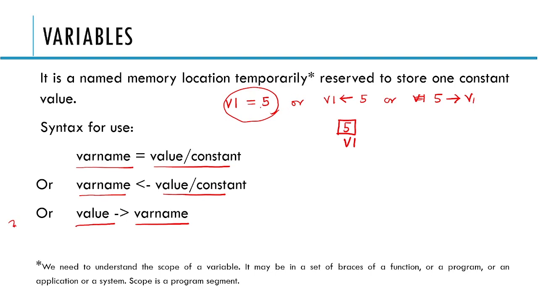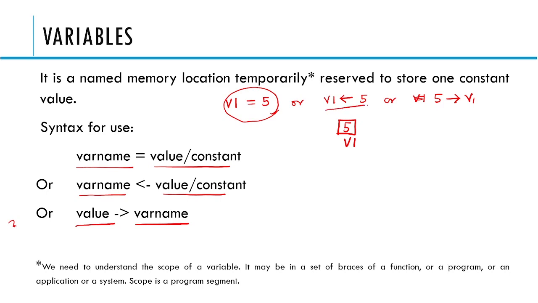So whoever is familiar with this equal to symbol, like the programmers who are coming from the background of C, C++, Java, they can use this syntax. The persons who have some Perl script or shell script background may be using this kind of syntax or this kind of syntax. So they may be familiar with it. But initially R developers developed this kind of syntax and it's widely used.